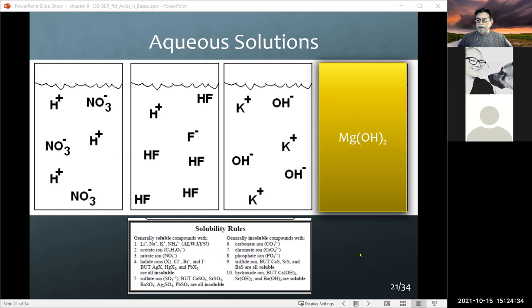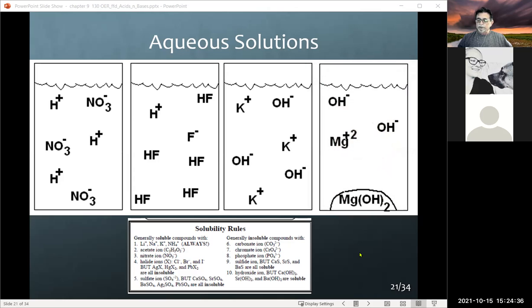Weak magnesium hydroxide is drawn, like we showed earlier, with the bulk of it down at the bottom of this container as a solid, and at least 1 set of ions in solution. Notice we have 2 hydroxides, because we have 2 hydroxides in the formula. And there are solubility rules that we're going to talk about.